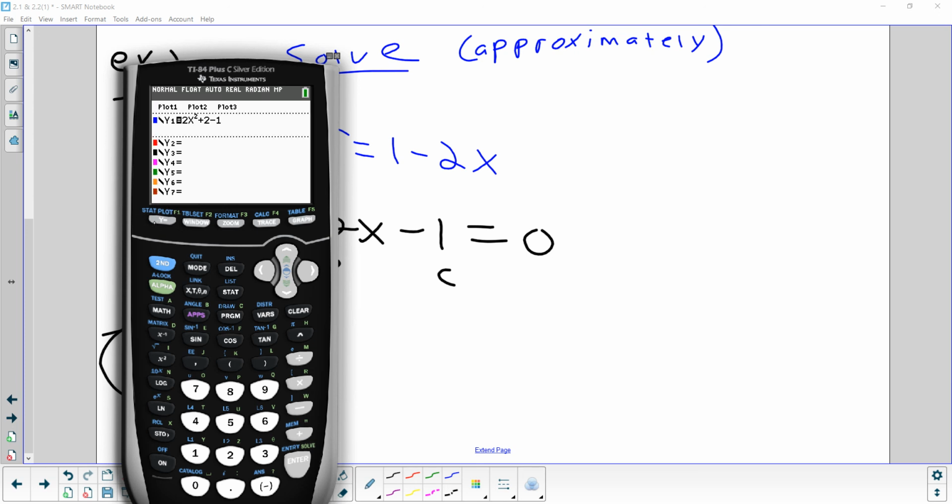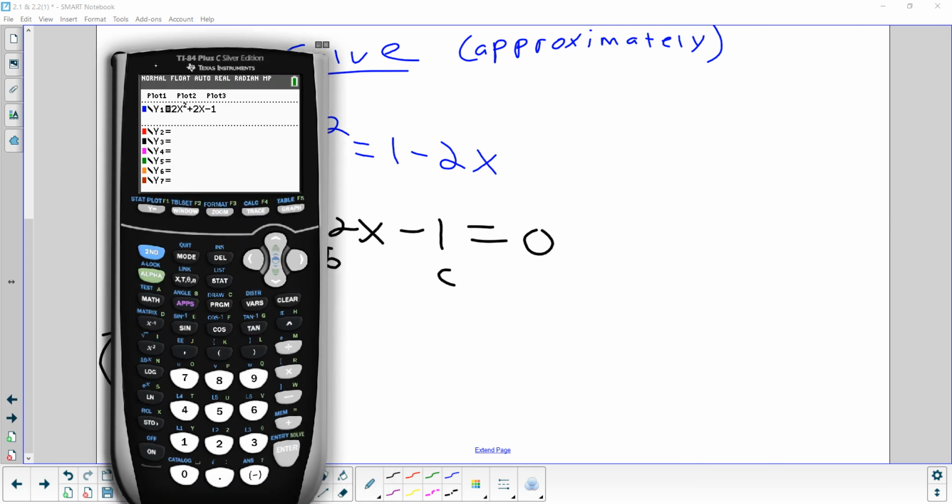I know it should cross twice, so that was a hint to me I typed something in wrong, because I wasn't seeing it cross at all. 2x squared plus 2x minus 1. Let's try it now. There we go. Okay, so now I can see it crosses twice.